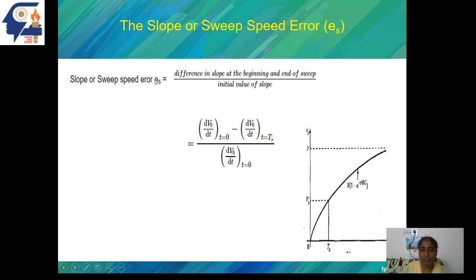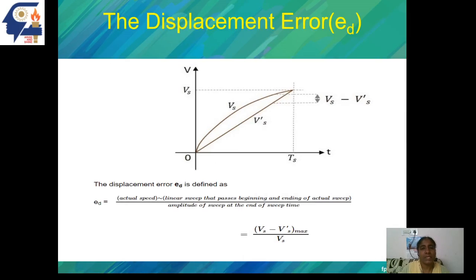Similarly, displacement error. This is the actual sweep, the waveform the capacitor charge is actually going to follow, and this is the linear sweep, the ramp type waveform. Coming to displacement error, it is the difference between actual sweep and linear sweep divided by the maximum amplitude at the end of Ts seconds.